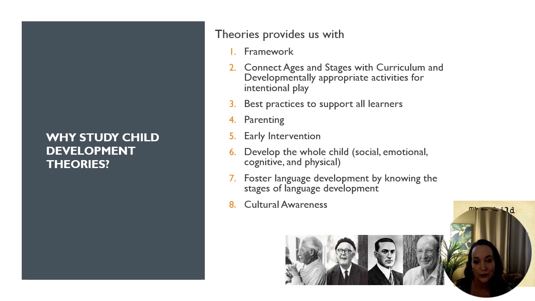And that leads to early intervention. And early intervention, as we know, studies have been showing us for years how important early intervention is to the success of a child.